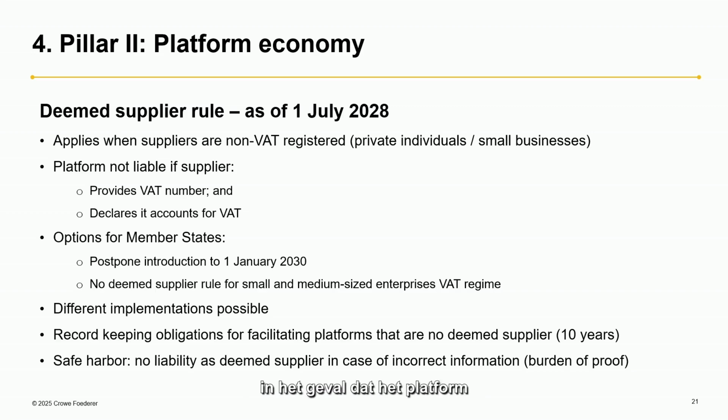In case the platform is dependent on information provided by the supplier, and that information is incorrect, in that case there is no liability for the platform as a deemed supplier. And the platform should be able to prove that it could not have known that the information received from the supplier was incorrect.